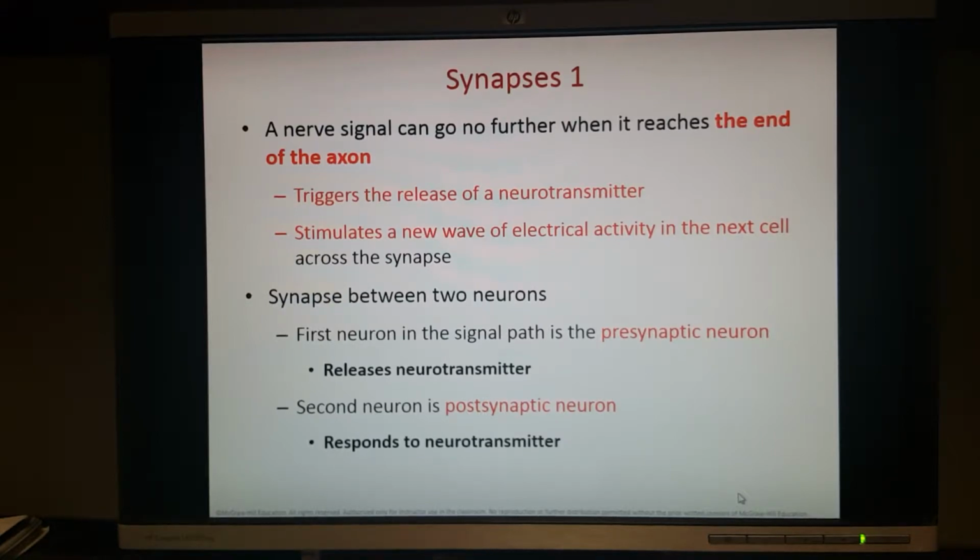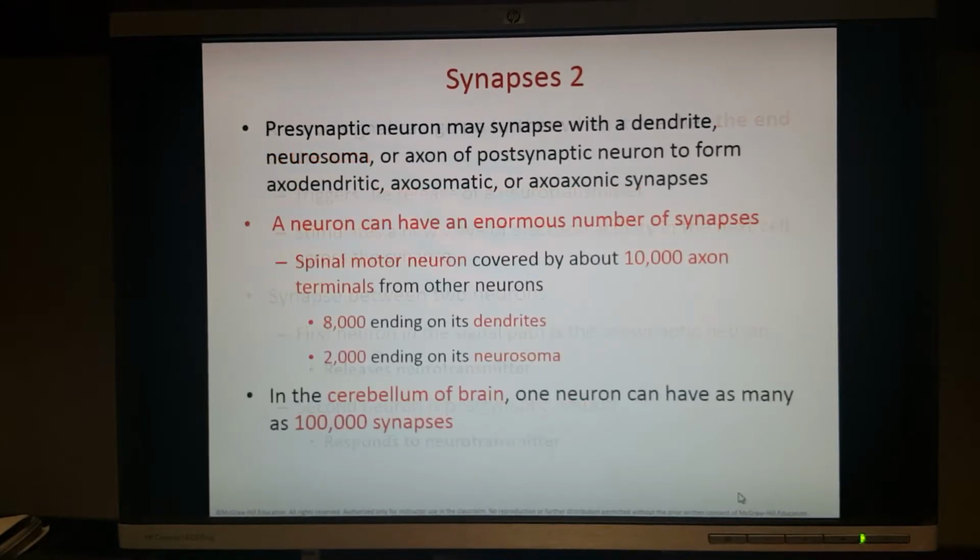There are two neurons involved in a synapse. Your presynaptic neuron is the one that releases the neurotransmitter. Your second neuron is your postsynaptic neuron, which responds to that neurotransmitter. The presynaptic neuron will synapse onto the target cell.